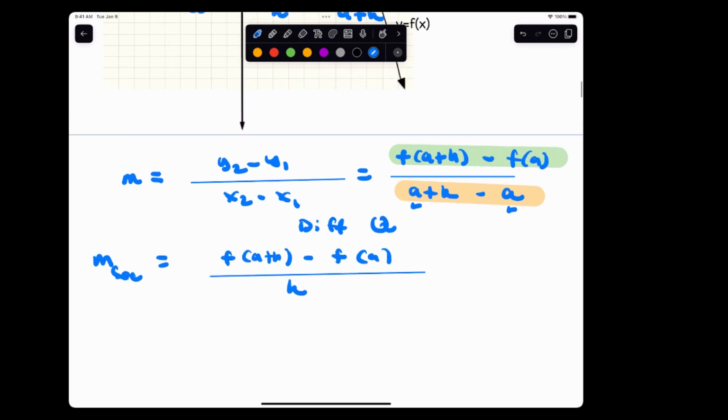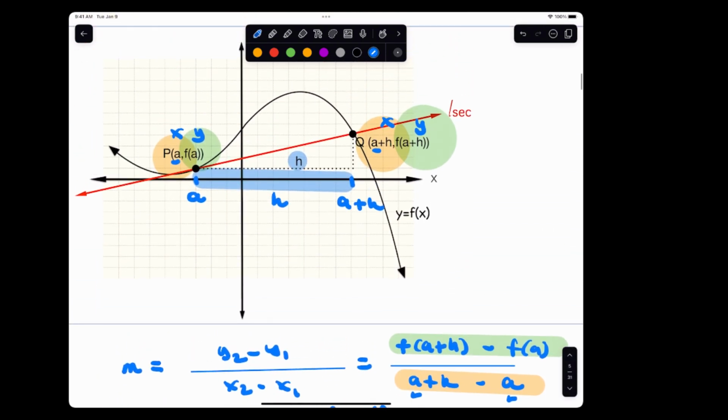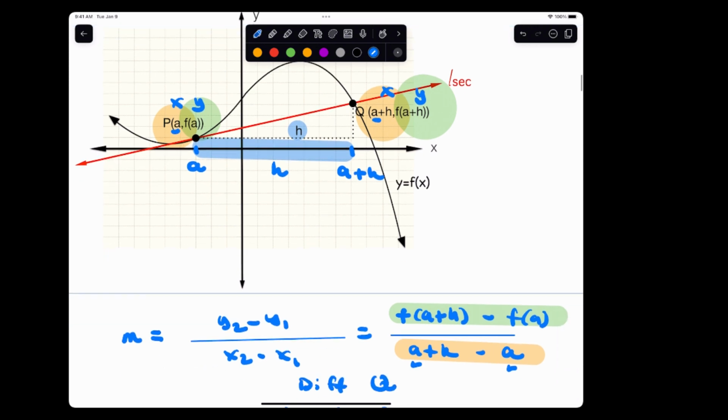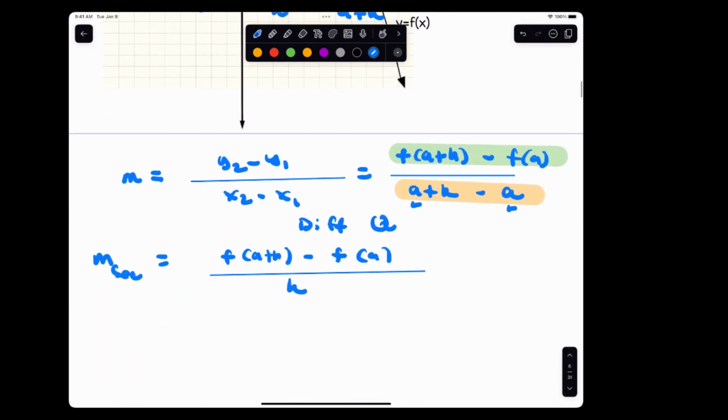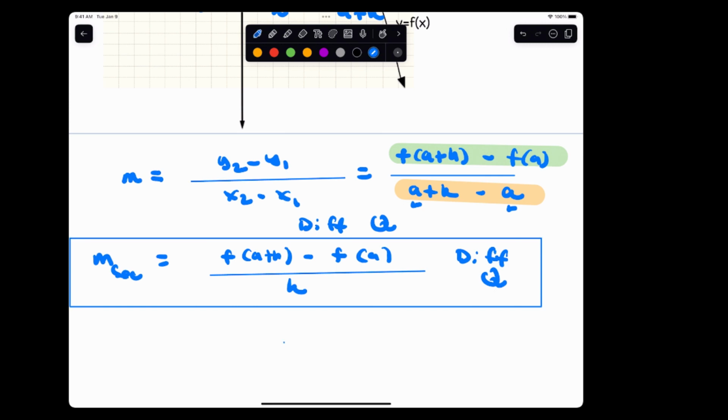Is this starting to look a little familiar? You go, boy, Mr. Judge, the slope of that secant line is a difference quotient. It's the very famous difference quotient from really pre-calculus. And that is starting to look like the definition of a what? Derivative. It's not the definition, though, but it's looking very close. Okay, so far so good?